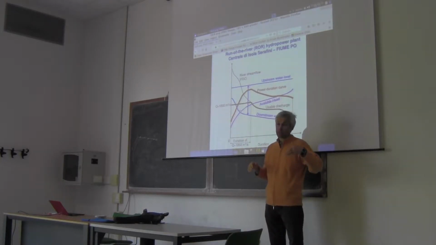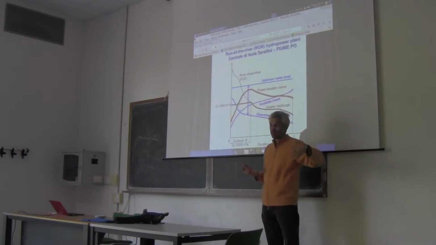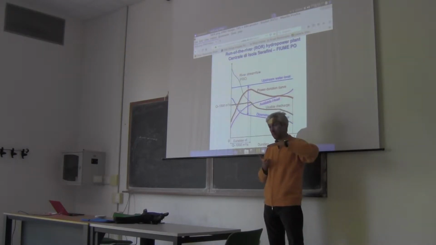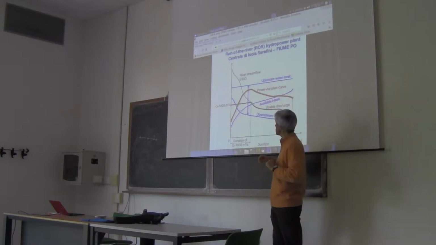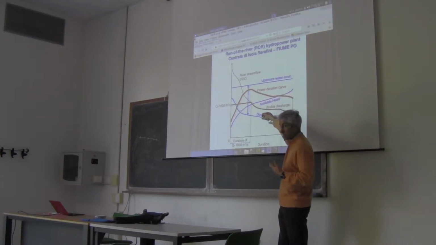There are gates that give access to the power plant, and a second gate that gives access to the meander. In order to keep the upstream water level constant at the plant, they regulate with these gates the flow in the plant and the meander. So the upstream water level is constant, and the head is changing.